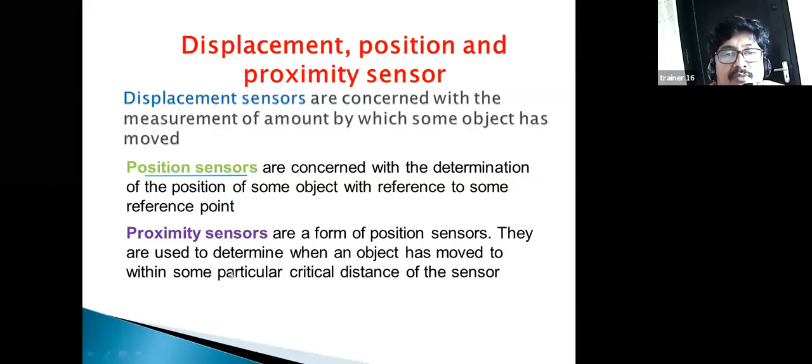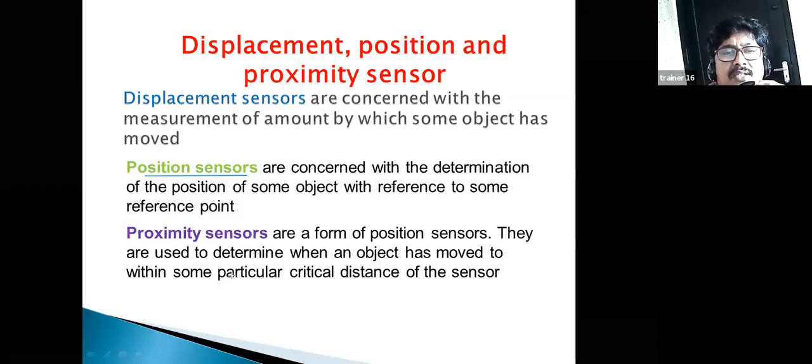So again, I'm repeating, all of you listen carefully. A displacement sensor measures the distance moved by the object. The position sensor finds the position or location of the object with reference to some other point.